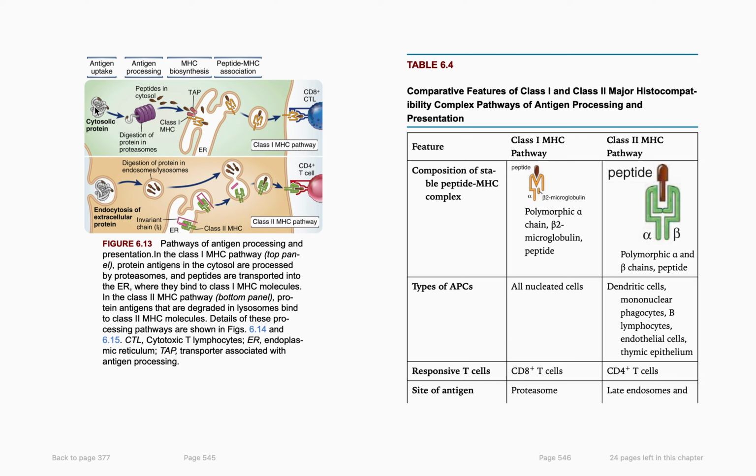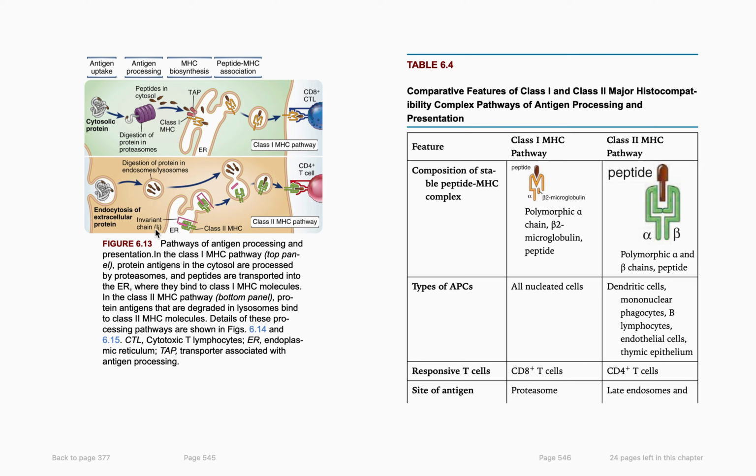For this one, these are intracellular organisms. Most of them, as you see, are already in the cell. These are for extracellular organisms, which are taken in by endocytosis of extracellular protein. Now digestion of protein is done by endosomes or lysosomes instead of by proteasomes. So what happens then? This is broken down.